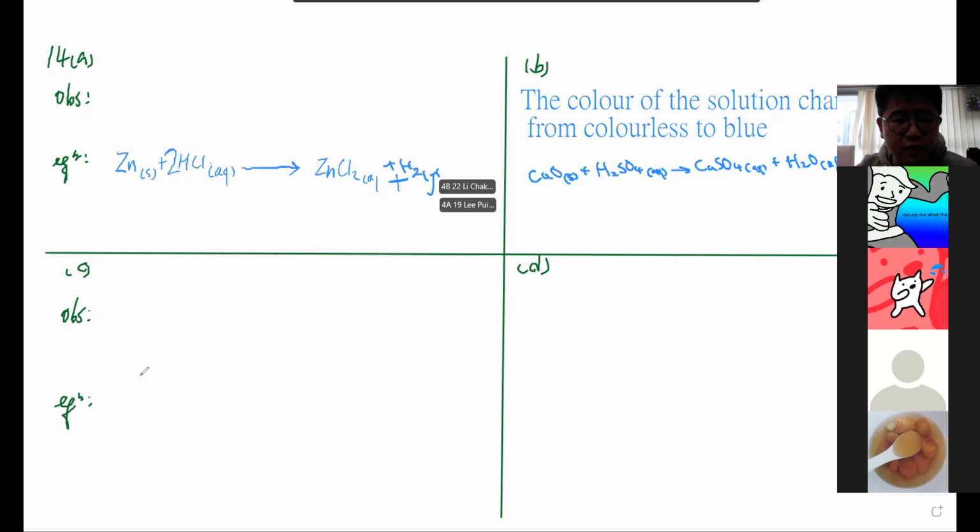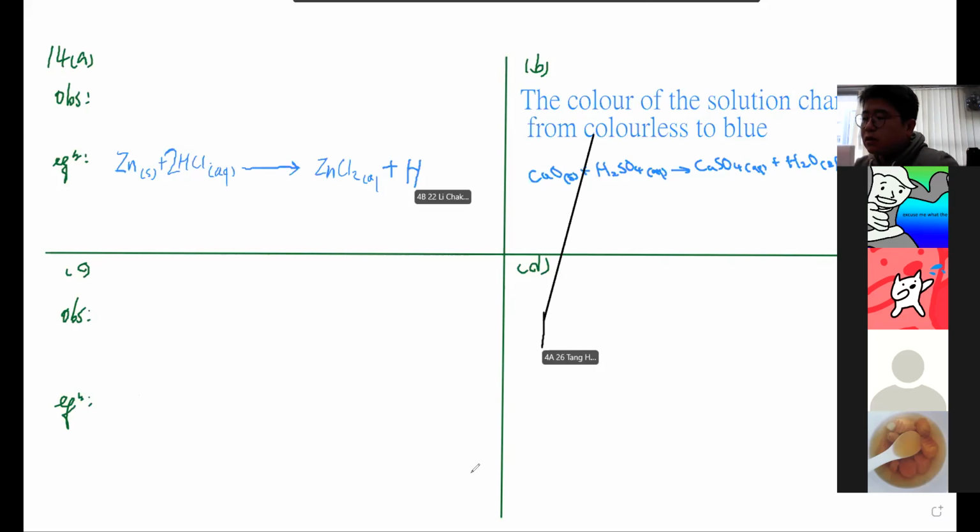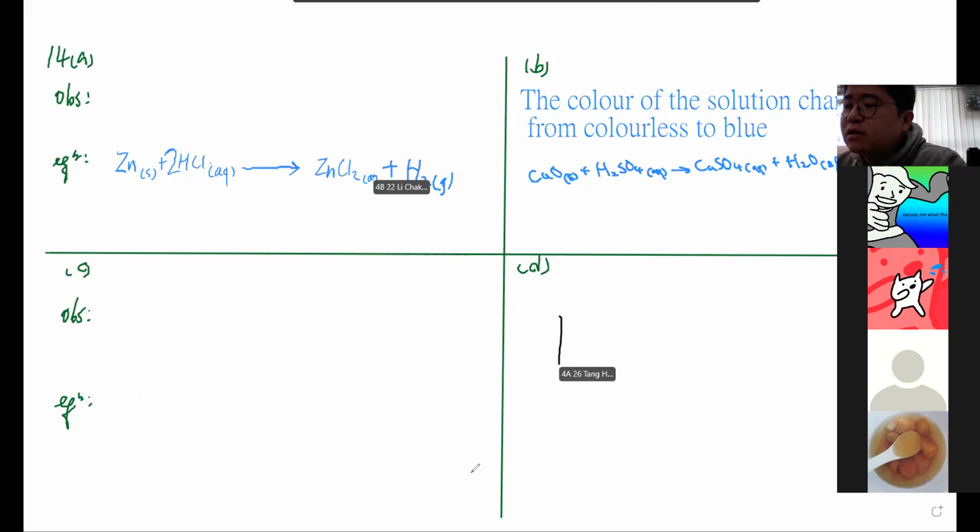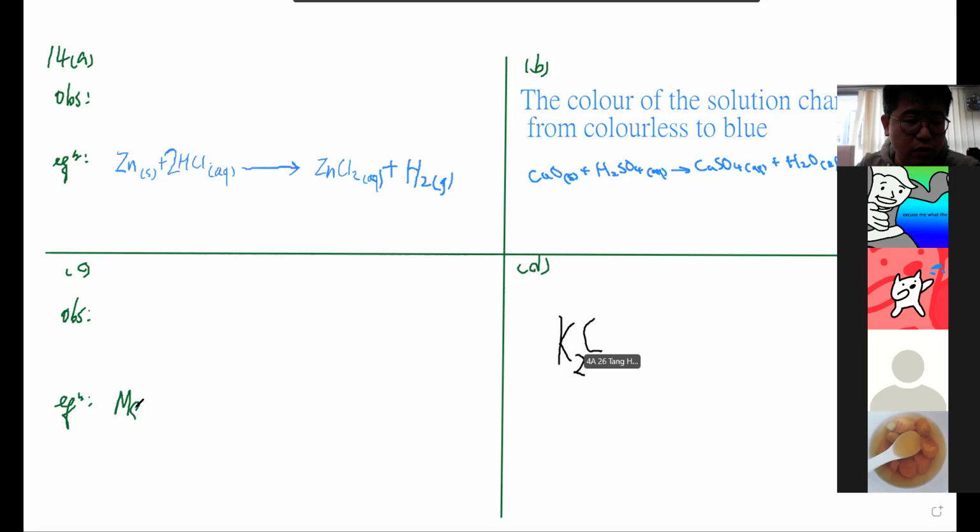So, Lei Ching, do you have an idea for the C part? Is it hydrochloric acid? Yes, solid magnesium carbonate is added to dilute hydrochloric acid. Magnesium carbonate reacts with hydrochloric acid. So the observation.